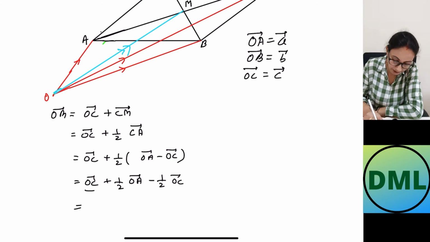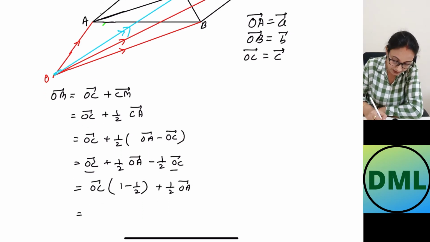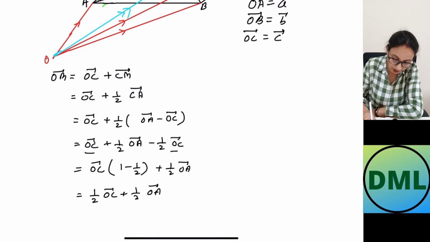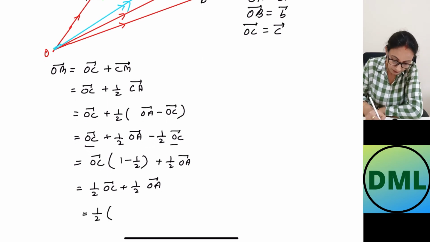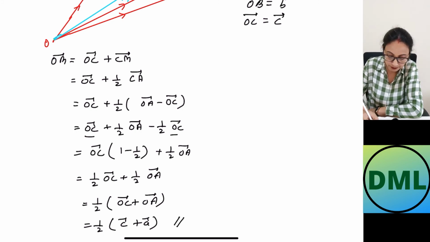If I combine OC vector, OC times 1 minus half plus half of OA vector. After simplifying, that will be half of OC plus half of OA vector. Half is common, so that will be half of OC plus OA vector. Let's substitute the values here. That will be half of vector C plus vector A. So that will be your answer for the position vector of M.